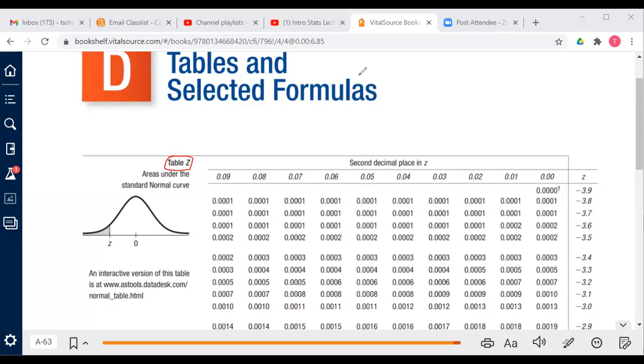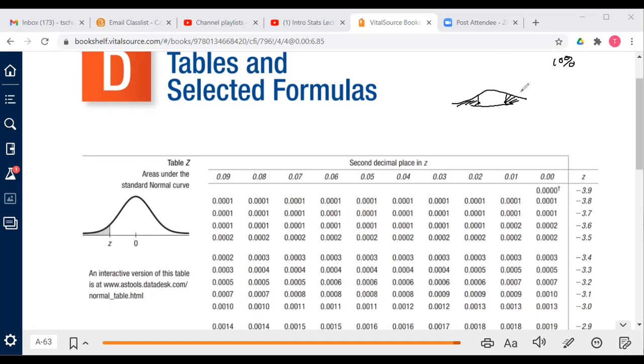Okay, so now let's take a look. We said we have two tails and one tail, right? So how do I get 1.64? This is my two tails here, that means here and here, and I have 10%. With two tails, you equally divide it.